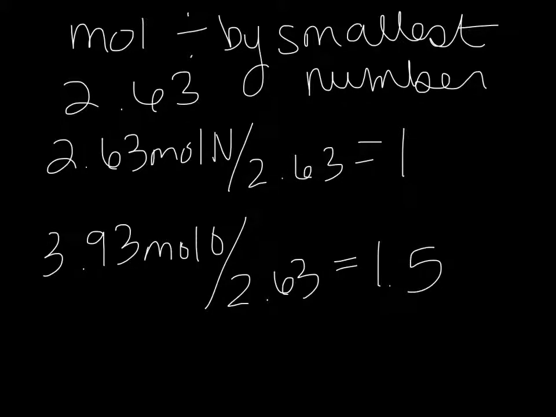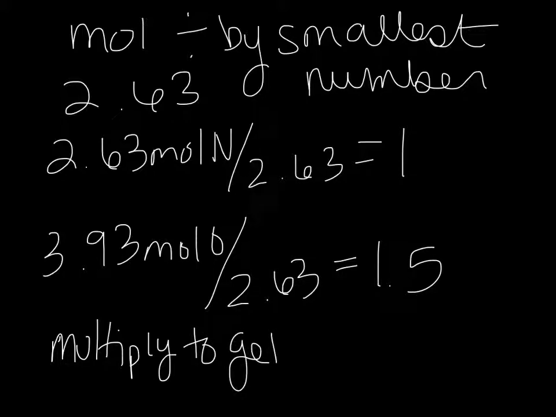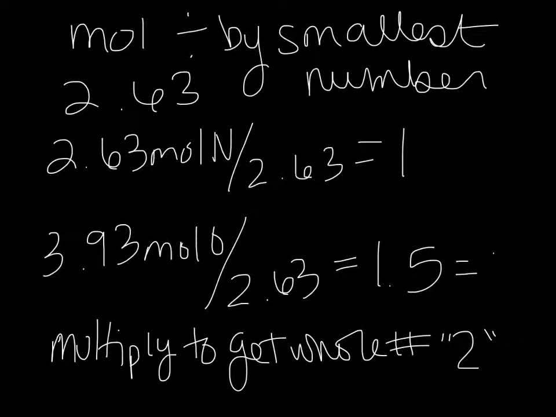So my next step is I need to multiply to get a whole number. I'm going to multiply by 2 in this case, since 2 will change my 1.5 into a whole number. So 1.5 times 2 gives me 3, and 1 times 2 gives me 2.